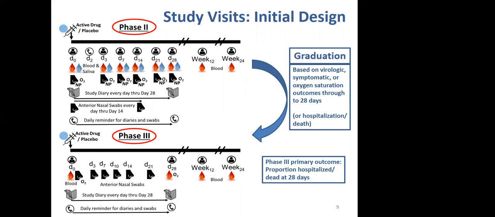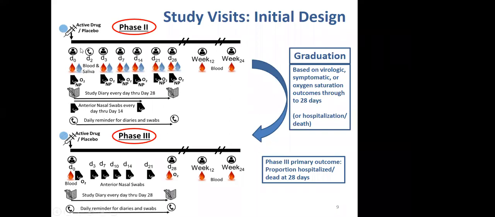The study has actually evolved, and it now includes regimens which are given through inhalation, so putting a mask on someone's mouth and nose to administer the dose. There's also oral dosing of traditional pills. So we have agents with different modes of administration.